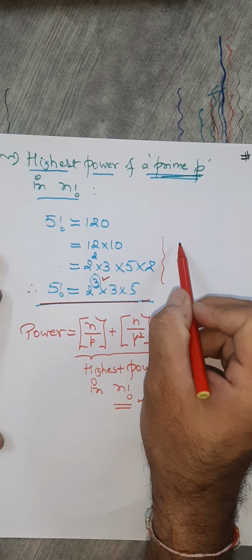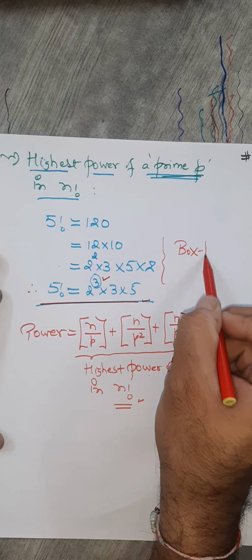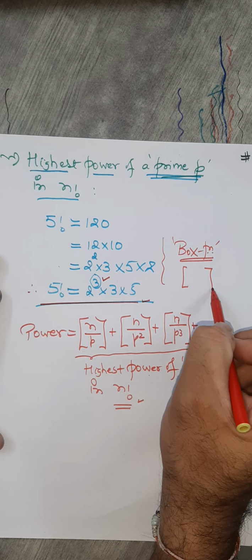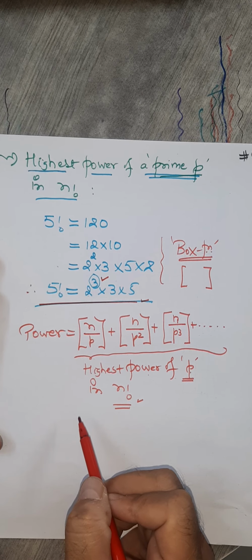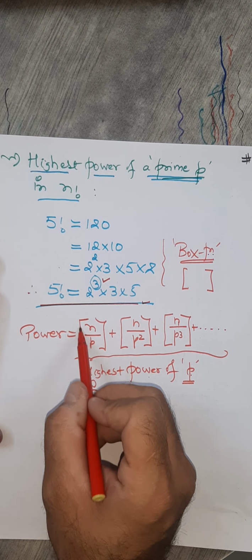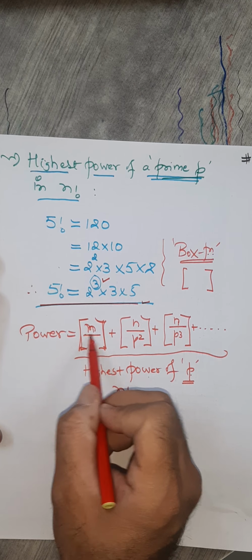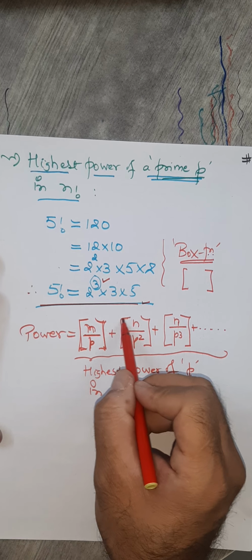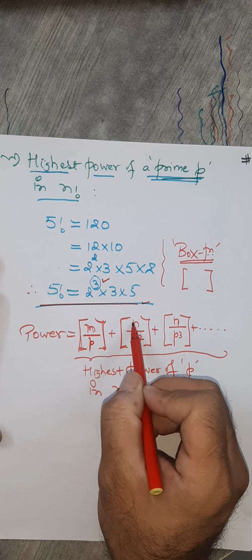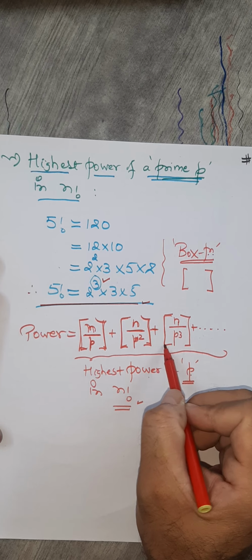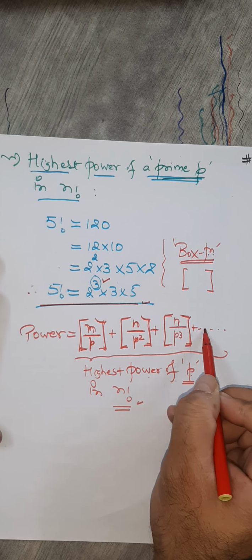If you remember the functions chapter, box function, integer part function, floor function, just recall relations and functions. So box of n by p, this is not just a square bracket, box of n by p plus box of n by p squared plus box of n by p cube, and so on.